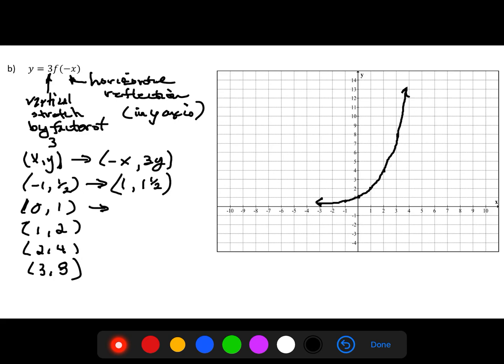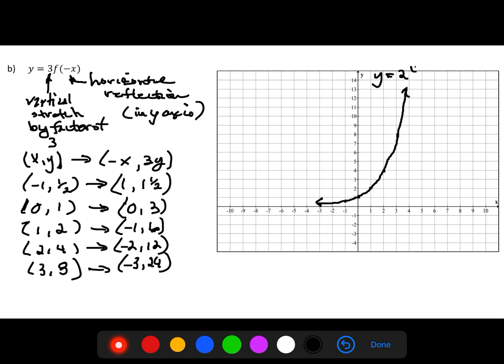So, going to become 1 and 1.5. 0 stays as 0, and 3, -1 and 6, -2 and 12, and -3 and 24, which we realize are not going to fit. The last one is not going to fit on our graph, but that's okay.